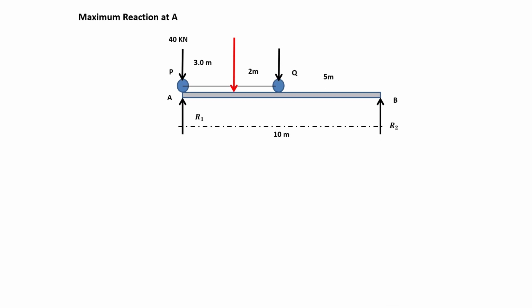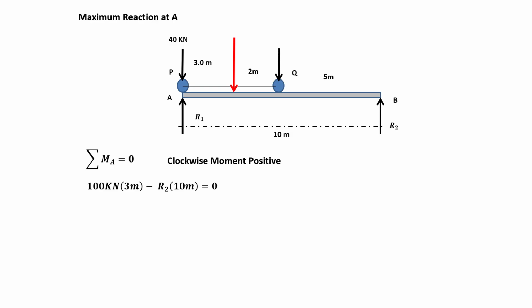Let us now solve for R sub 1 and R sub 2 considering maximum reaction at point A. Summation of moment at point A equals 0, with clockwise moment positive. In our figure, the 100 kilonewton resultant force is 3 meters away from point A, and its direction is clockwise, so we use a positive sign convention. R sub 2 is 10 meters away from point A, and its rotation is counterclockwise, so we use a negative sign convention.